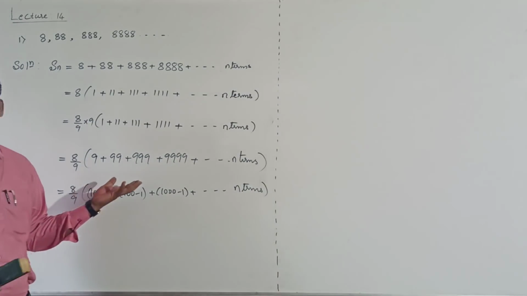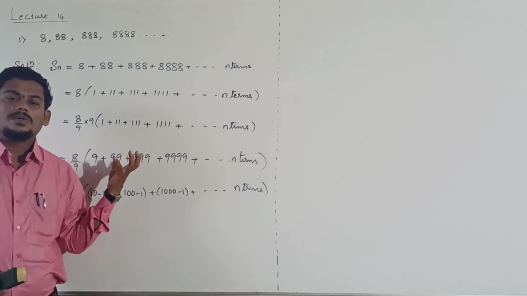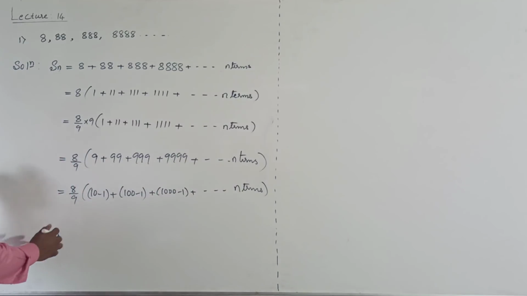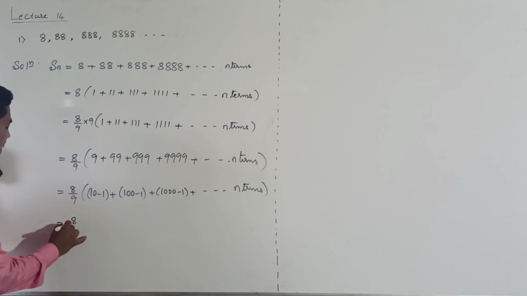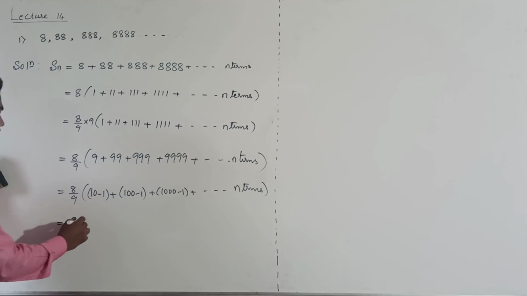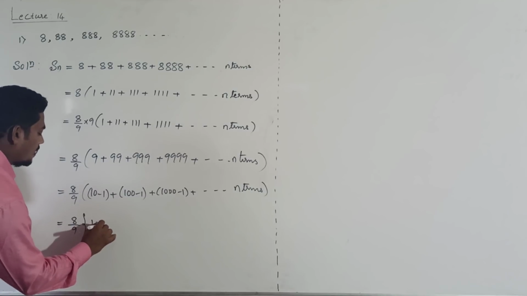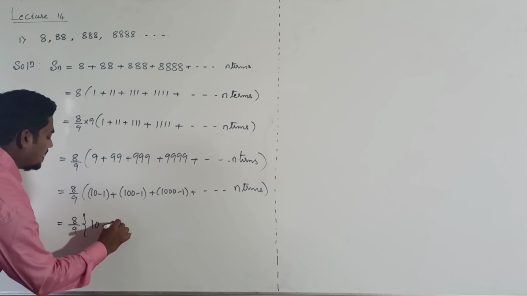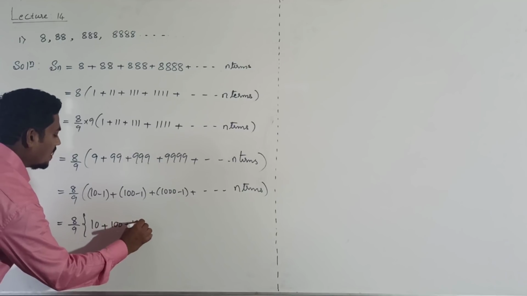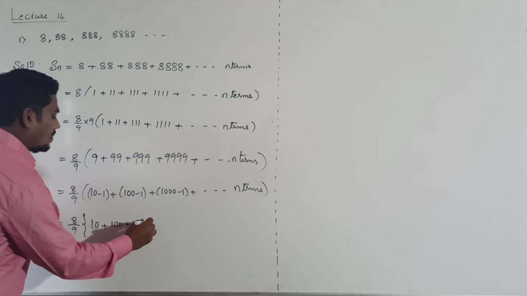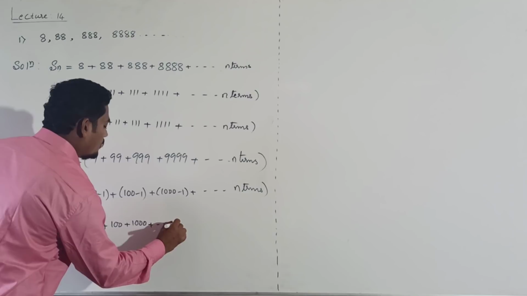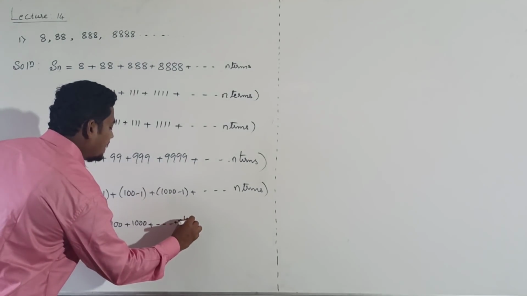It is just to convert the given sequence into GP. 8 divided by 9, then I will write 10 plus 100 plus 1000 plus and so on up to n terms.